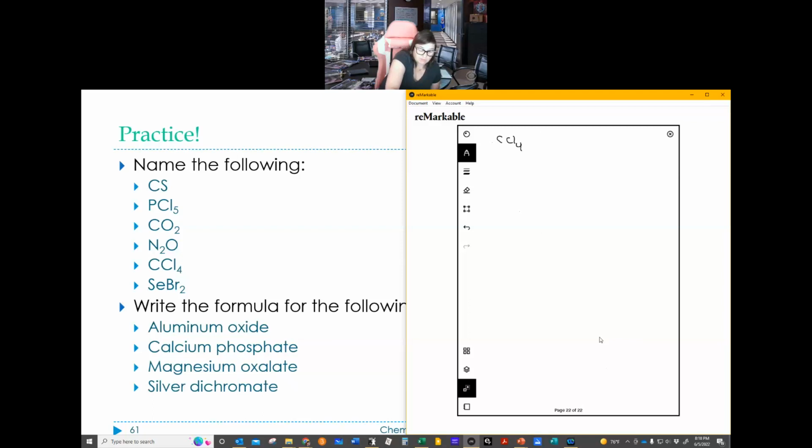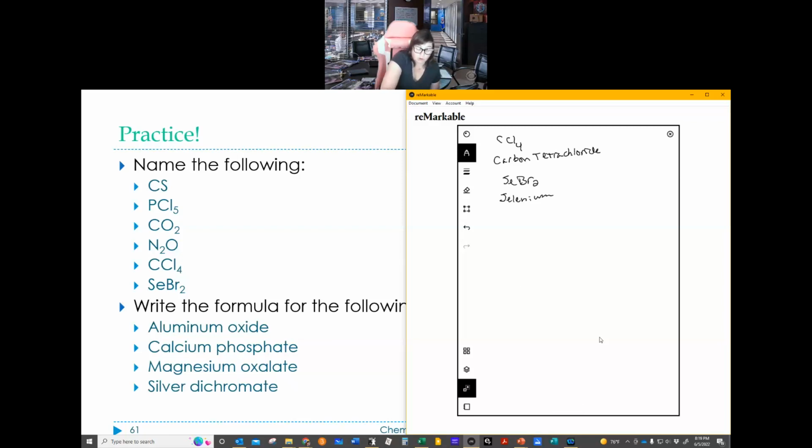CCl4 is going to be carbon chloride, but there are 4 of them, so it's tetrachloride. And then SeBr2. Se is selenium, and again, I can read that from the periodic table that I'm given on the test.